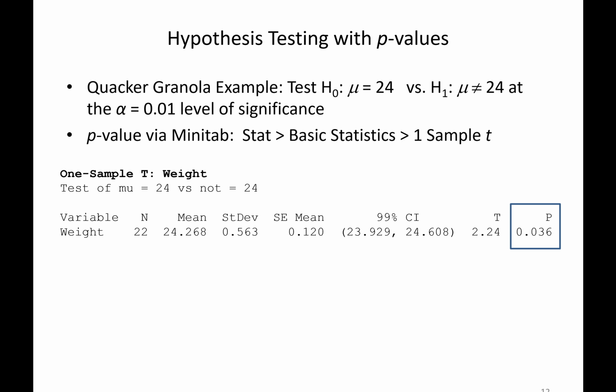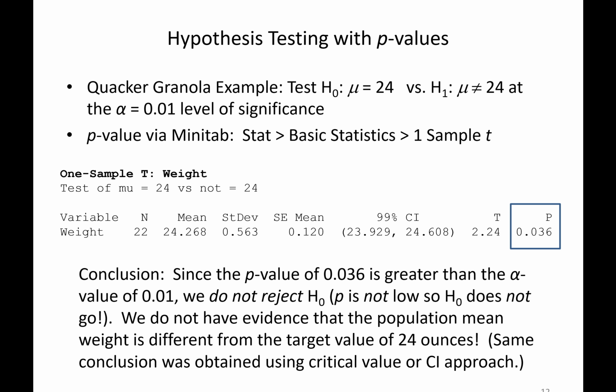And we get all of this output here, 99% confidence interval, the test statistic t, and you see the p-value is given to us here, 0.036. And at the 5% level, we would reject that null hypothesis, but at the 1% level, we do not reject.